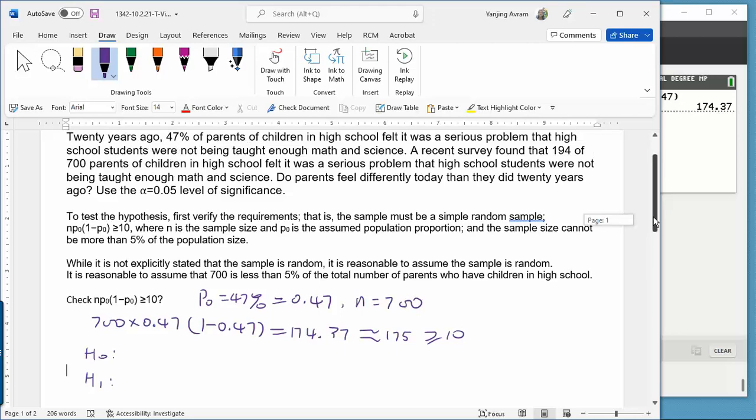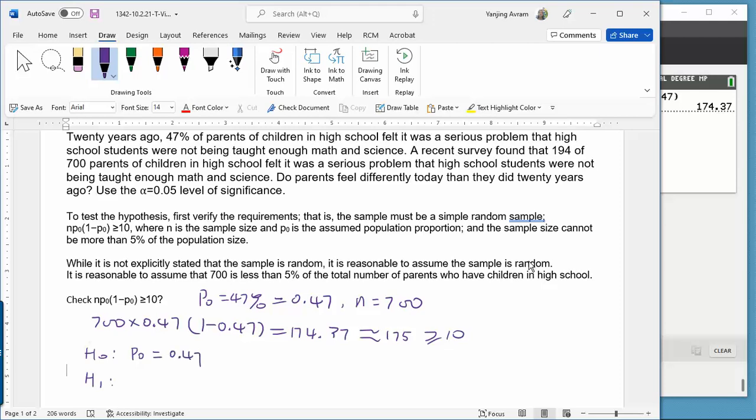The null hypothesis means there's no difference, zero difference, they're always equal. So the null here is that 20 years ago and now it's the same, so we have p sub 0 equal to 0.47.